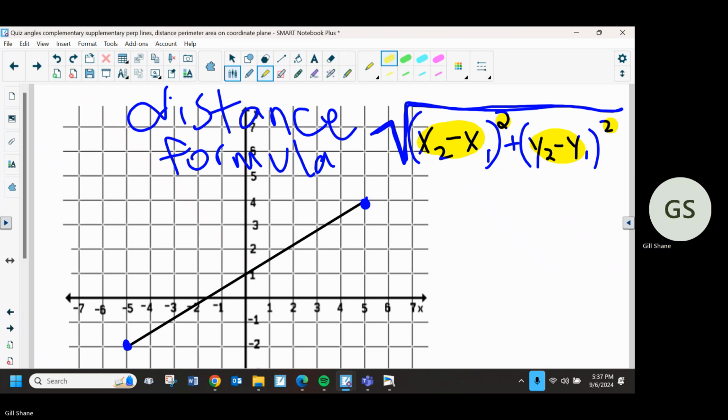Real quickly, the blue calculators are a little tricky on this. You need to know that when you square any number, it's going to be a positive number, because a positive number times a positive number is a positive number.